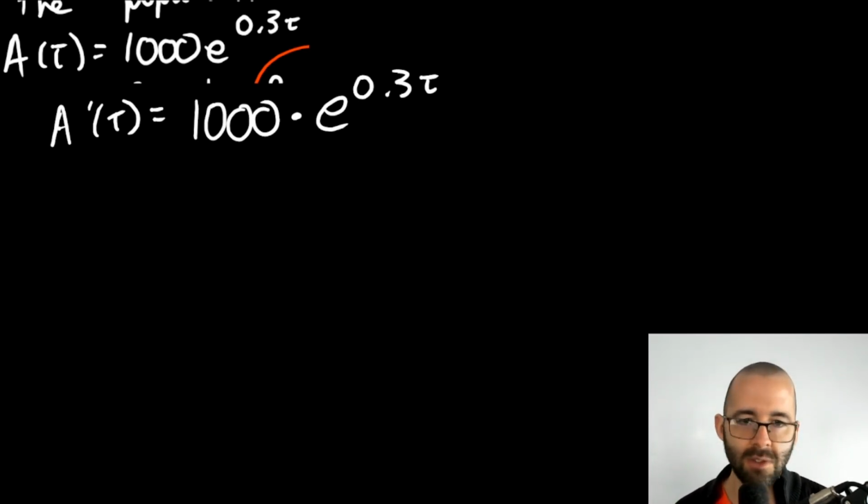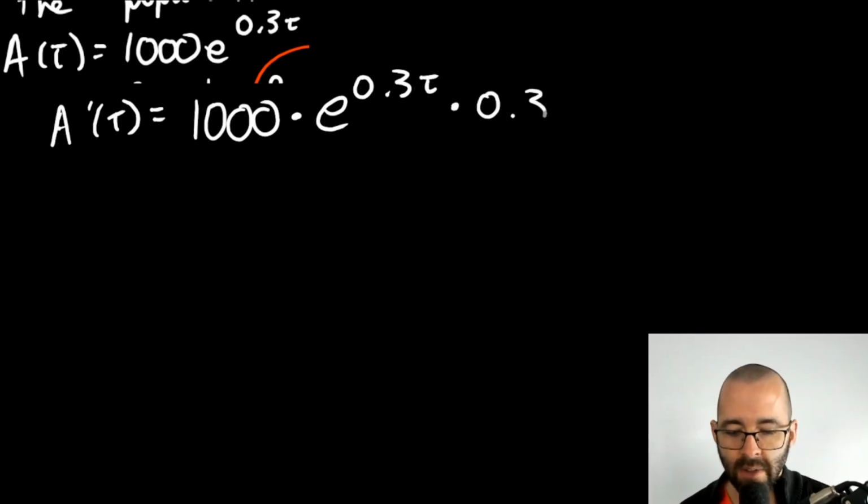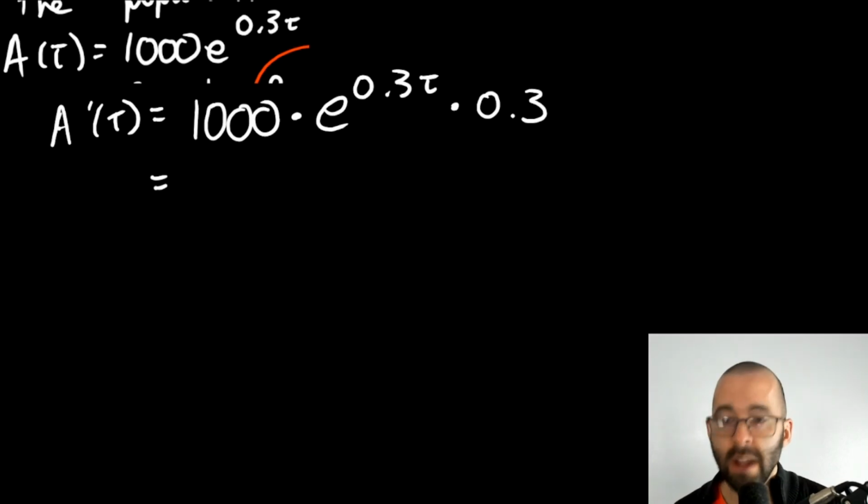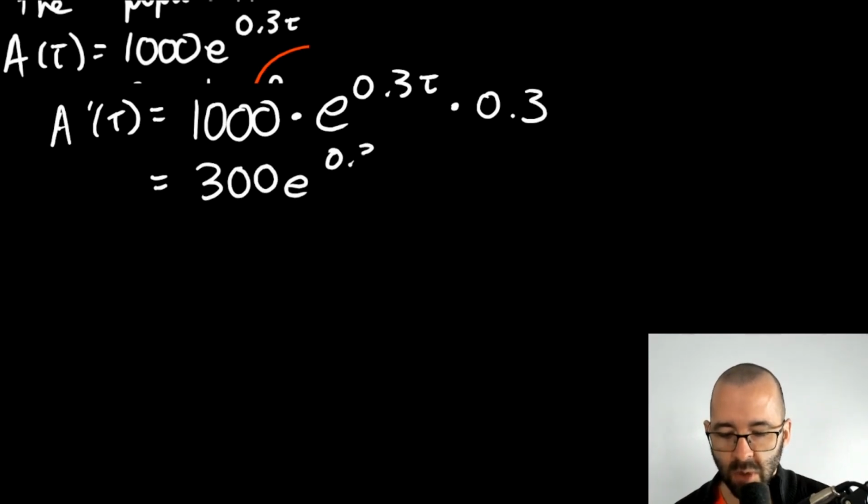We don't have to use the natural log of the base here. That's 1. Natural log of e is 1. Times the derivative of the inside. The derivative of 0.3t is 0.3. So this rate of change function, our slope function, our derivative is just 300 e to the 0.3t.